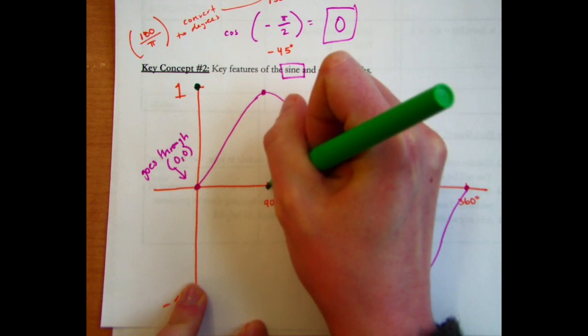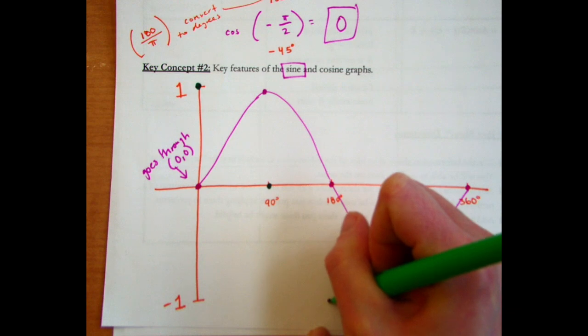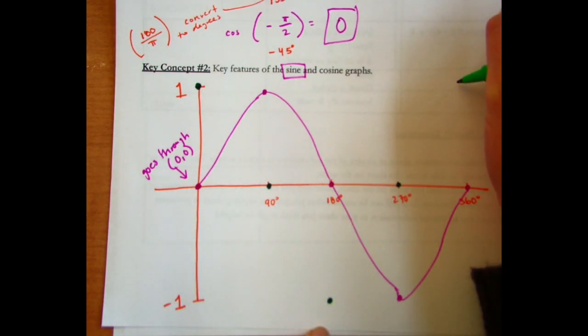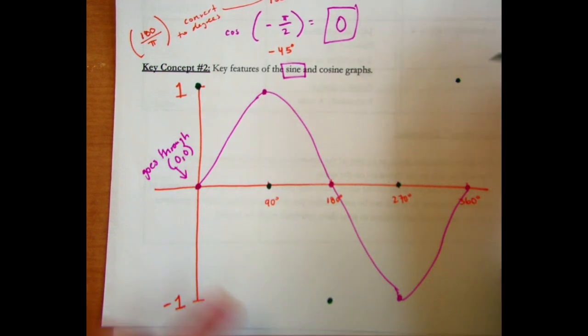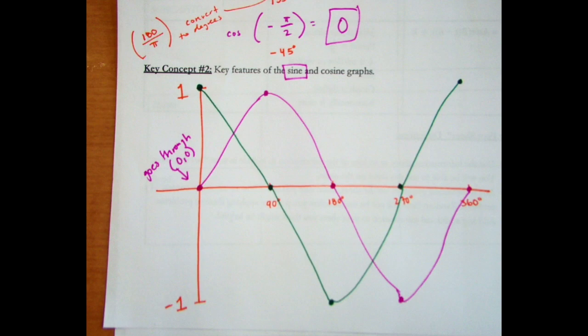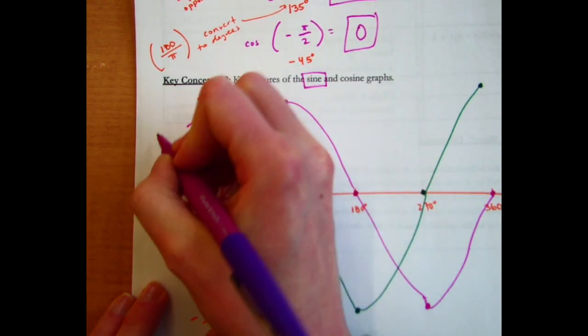And at 360, you end up where you started at +1. So the cosine function looks like this. And it goes through the point 0, 1. And that's for the cosine function.